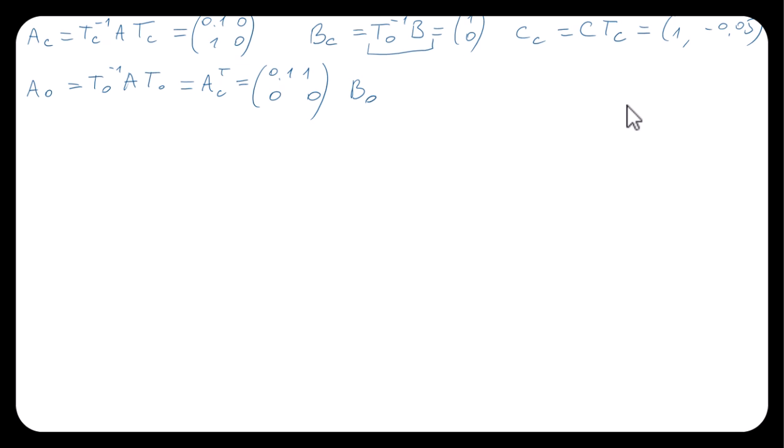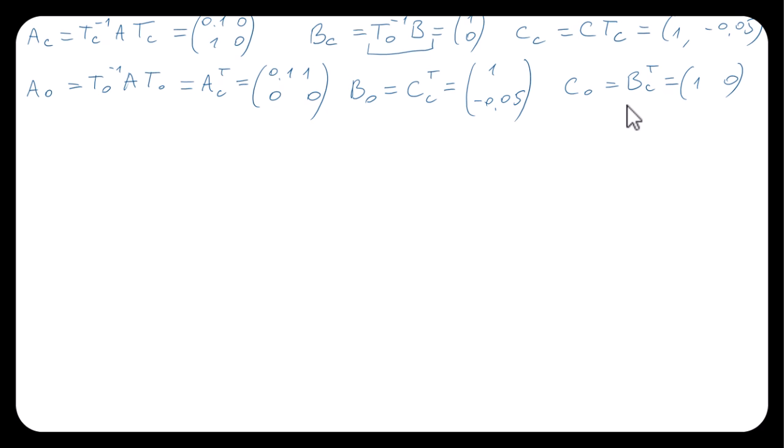For BO, it will be equal to C transpose, which is taking that value and transposing it. So it will be 1, negative 0.05. And similarly for CO, this is B transpose, and this will be 1 and 0.